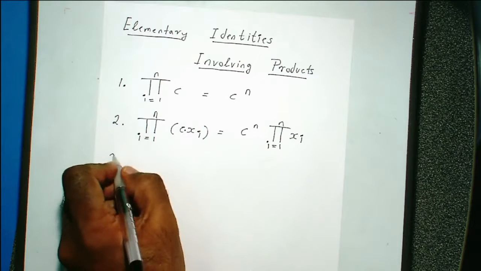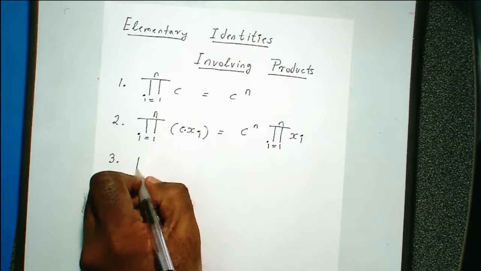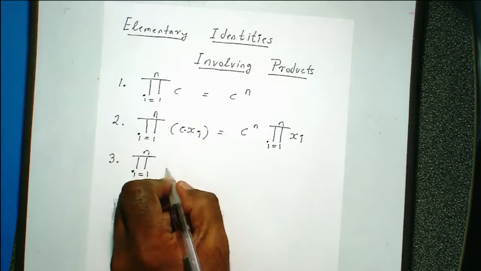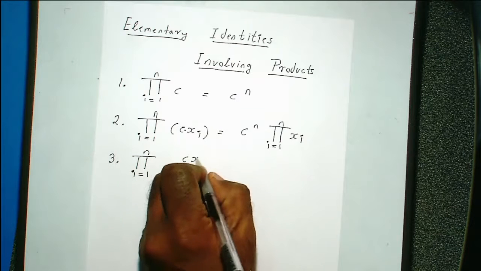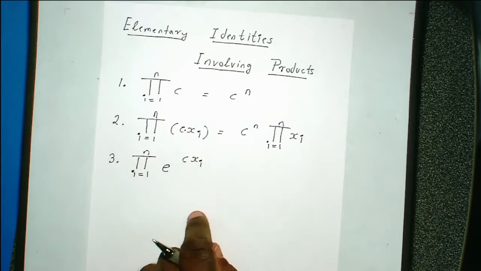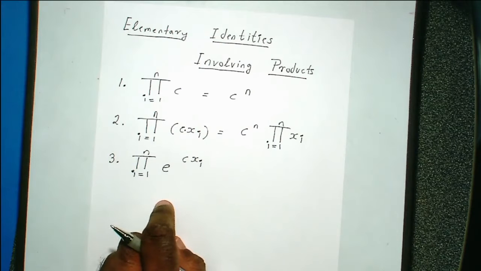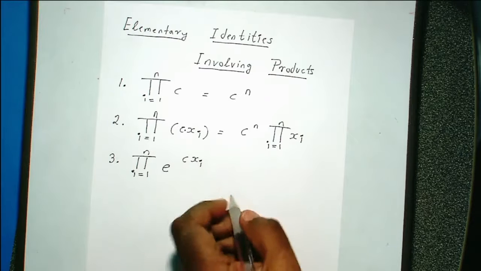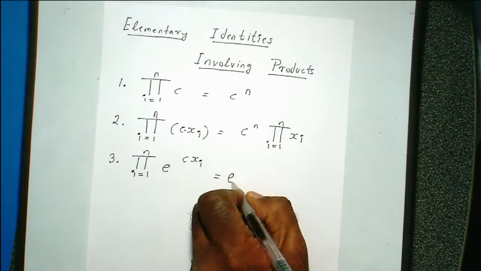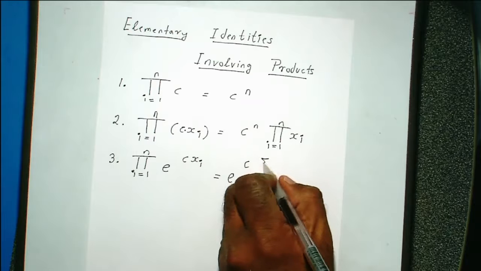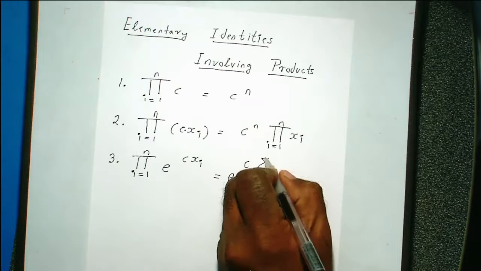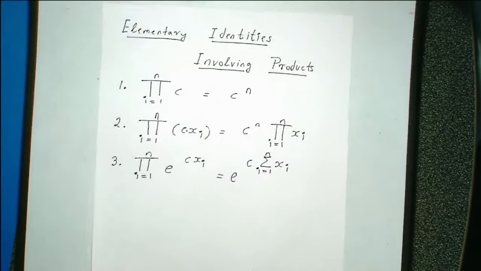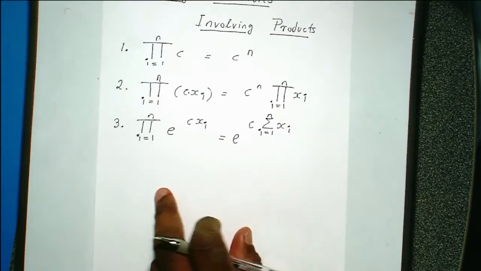All right, number 3, if you have something like this, the product of e, you know the e term, the exponential, e to the c xi is the same as this. You've seen this before? Yes?